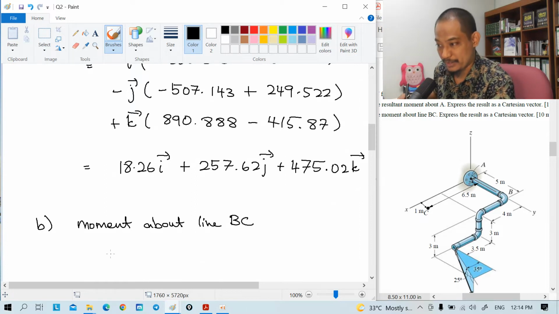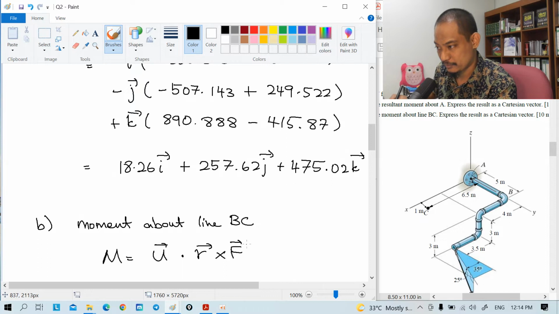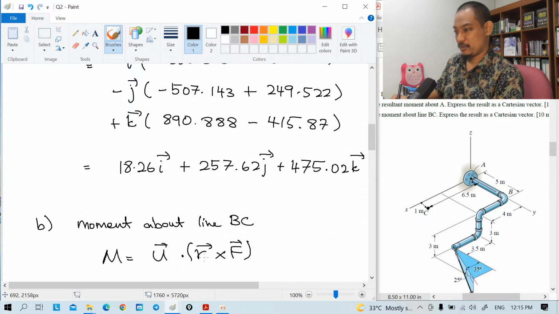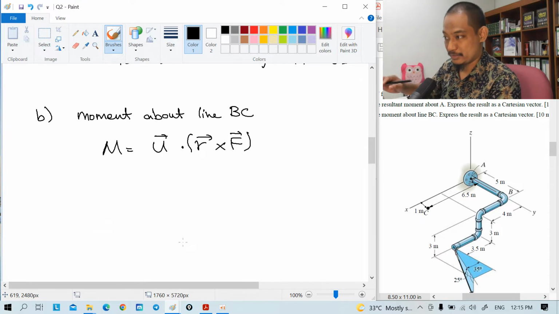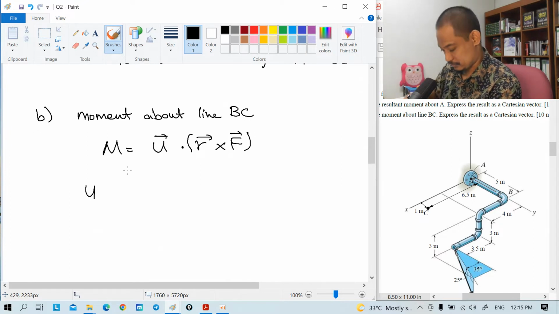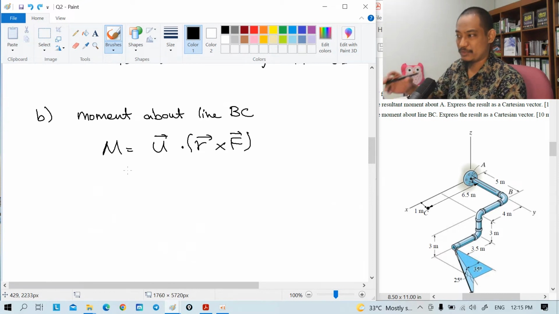So moment about an axis, right? Moment about an axis is U dot R cross F. And this unit vector is the unit vector of the line BC, right? So unit vector BC. Okay, so for unit vector BC, we'll have to start from R, right?